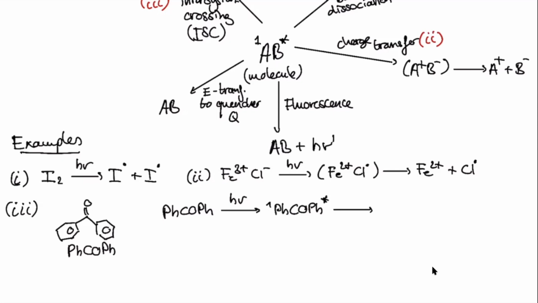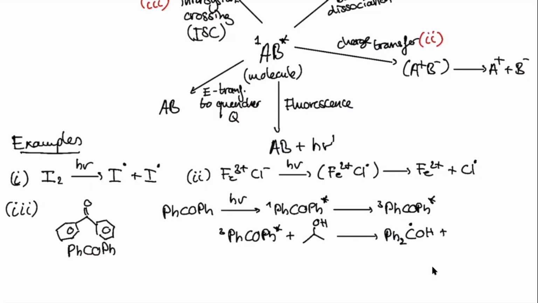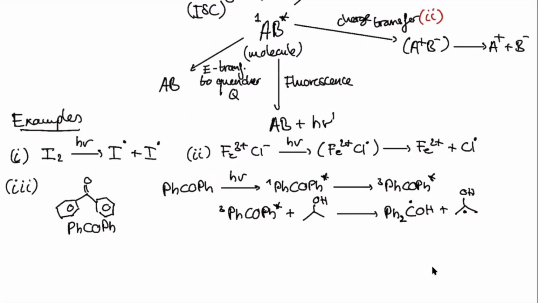Then we go to a triplet excited state. And then that triplet can react with isopropanol, which really is quite an unreactive species. You know, isopropanol is a very common solvent, and that leads to these two radical species. Okay, those are some examples.